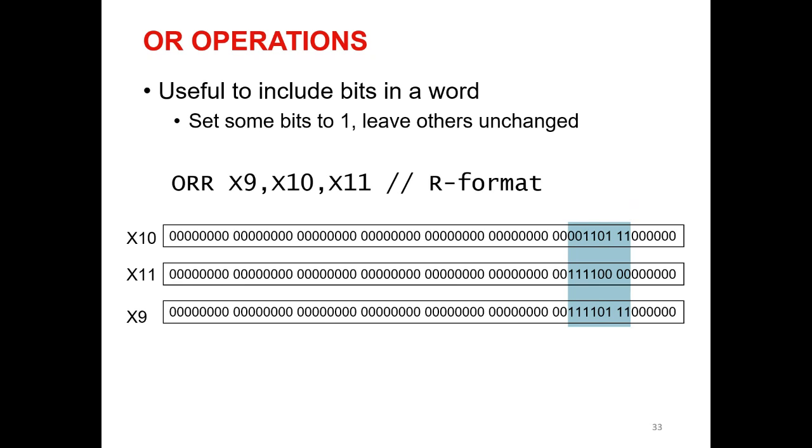You know that for an OR, we get a 1 in register 9 if either the bit in register 10 or in register 11 is 1. So you see here that we have 1 in all those cases. We only don't get a 1 when we have 0 and 0 in register 10 and in register 11.